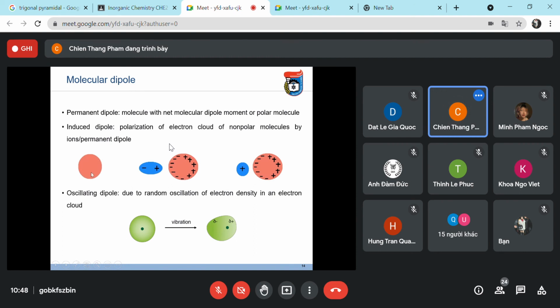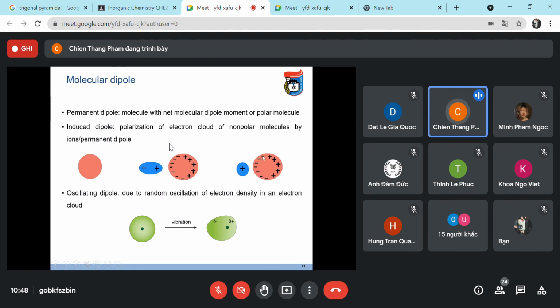However, now let's consider when you add a cation near to the system. What will happen? Because this one has a positive charge, the positive charge attracts the electrons. So this part is an electron-rich region, and the other side is an electron-poor region.